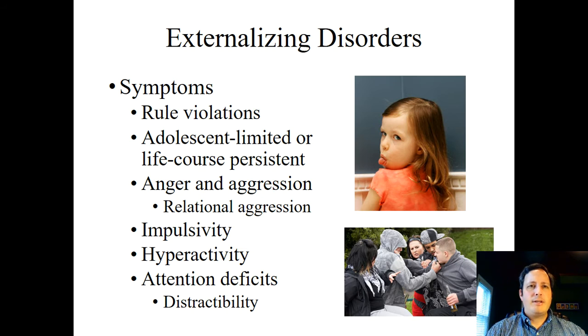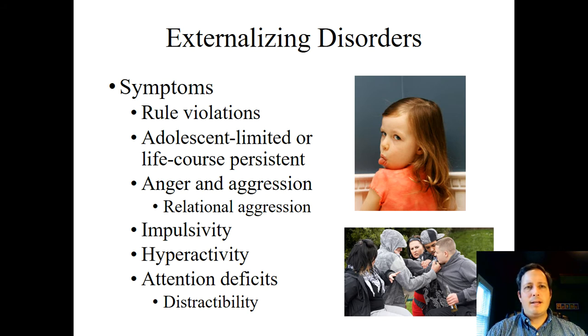Now, there are two different patterns to these kinds of rule violations, what we call adolescent limited or life course persistent. So life course persistent are going to see rule violations and other behavioral issues earlier in life. These are going to be children oftentimes that are identified, and they're called life course persistent because a lot of these misbehaviors and rule violations will continue throughout the lifespan.